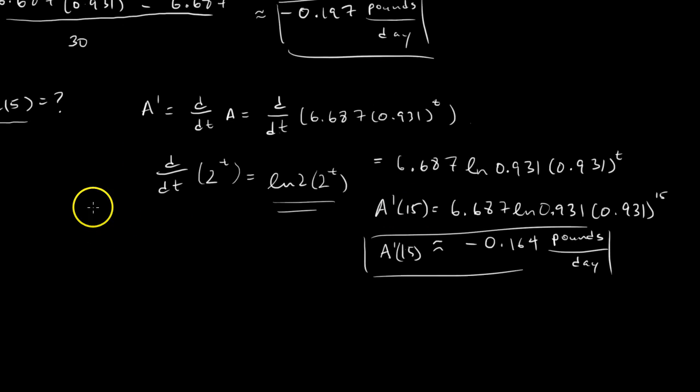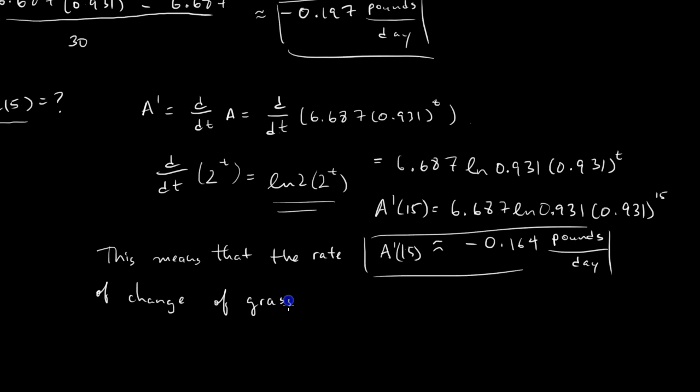So this means that the rate of change, which means the derivative, the rate of change of grass clippings on day number 15, because it's the 15th day, t equals 15, is negative 0.164 pounds.